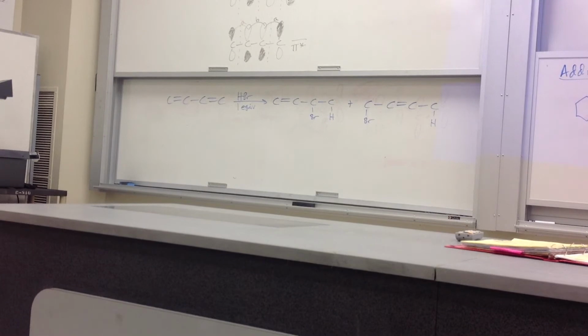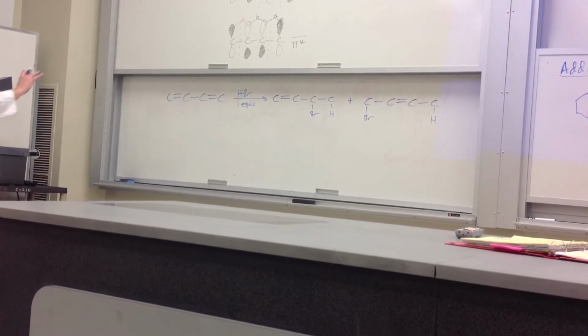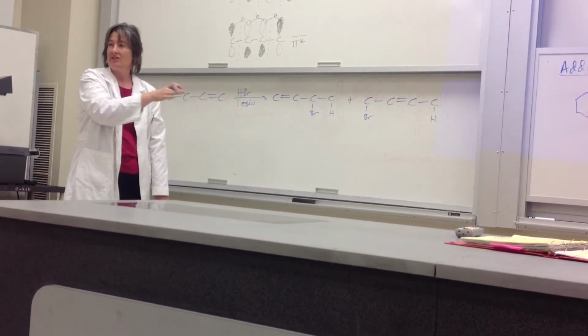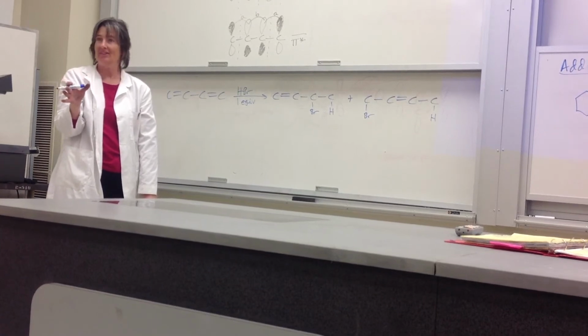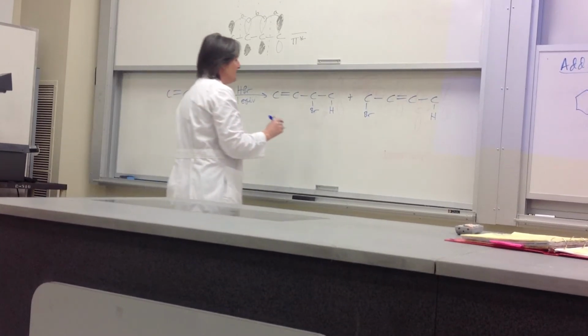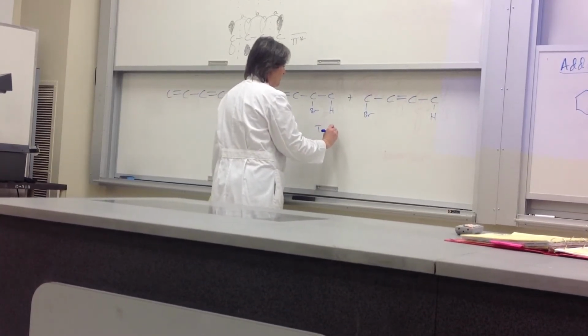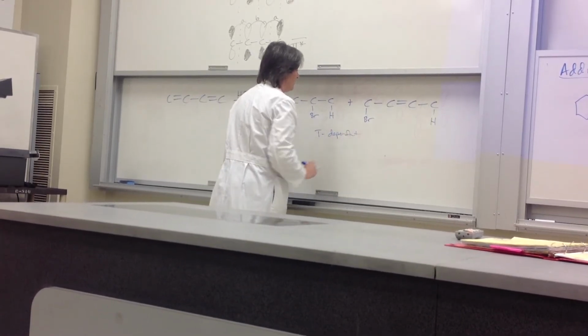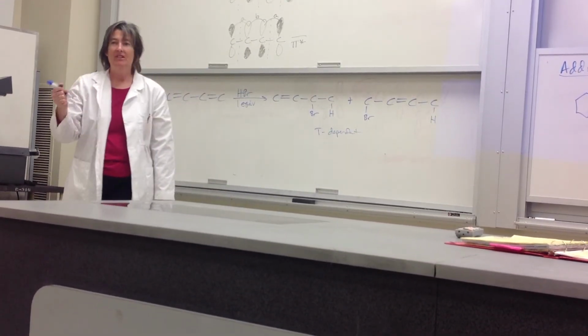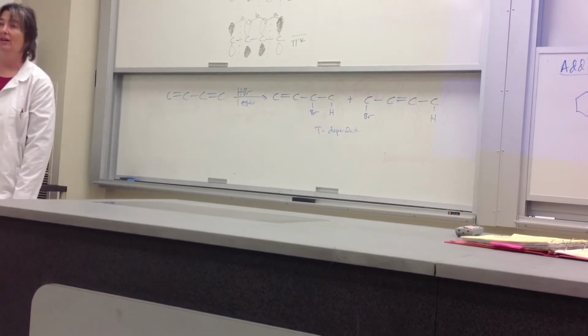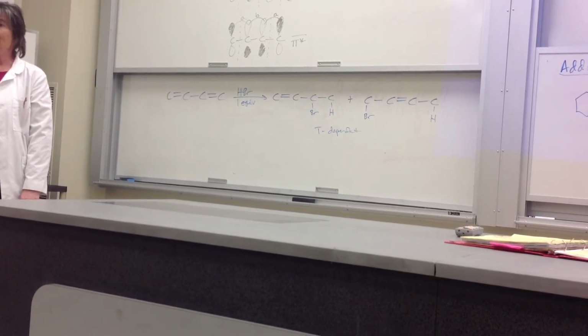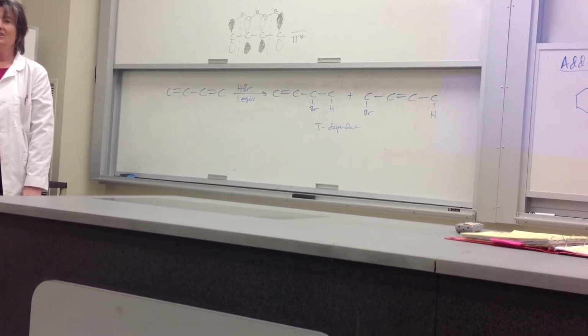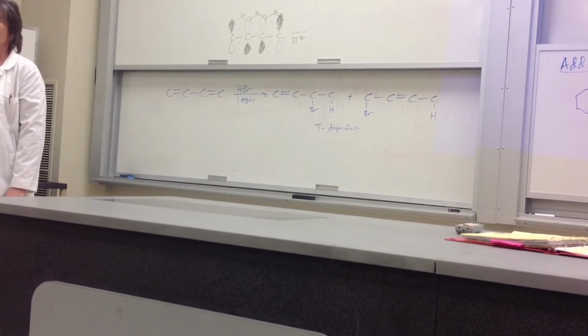And the really fun thing, because we can explain this, this will take me 1 minute to explain. A lot of you guys probably see why that is right now. That's not the fun thing. The fun thing is it's temperature dependent. So which one I get predominantly depends on what temperature I run it at. And the really fun thing is that sometimes I can turn one into the other.